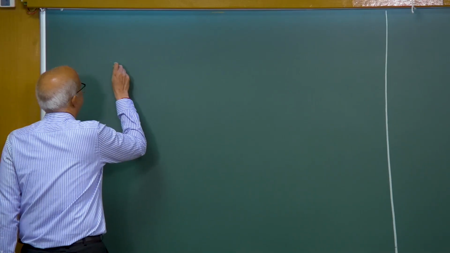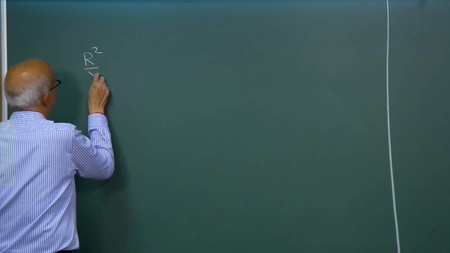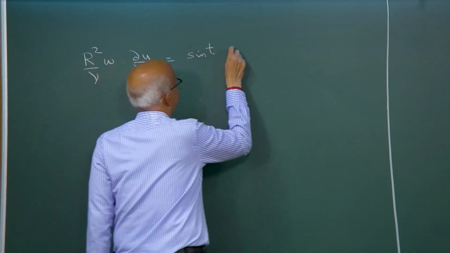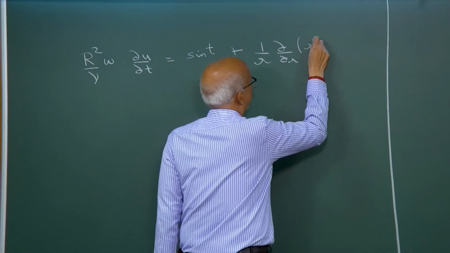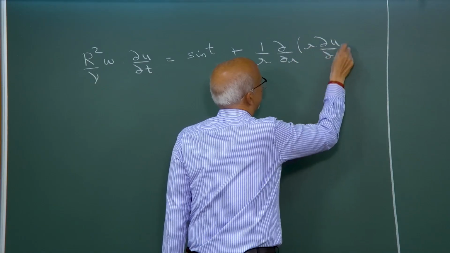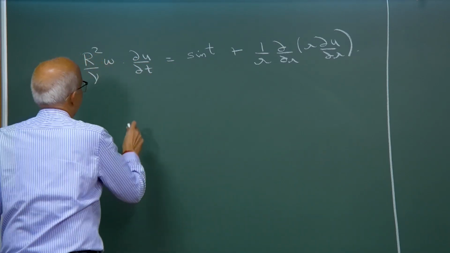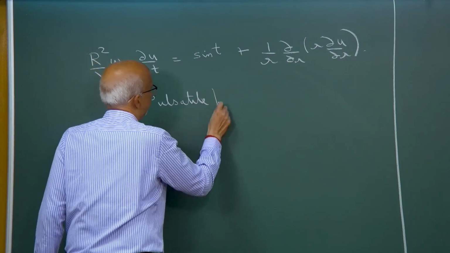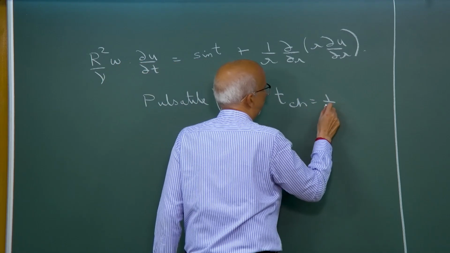We had the parameter r squared by nu omega multiplying du by dt equals sin t plus 1 by r d by dr of r du by dr. This is the equation we got for pulsatile flow when t characteristic is taken as 1 by omega.